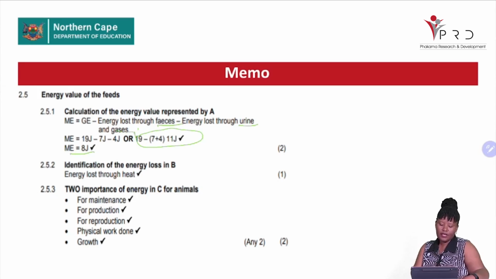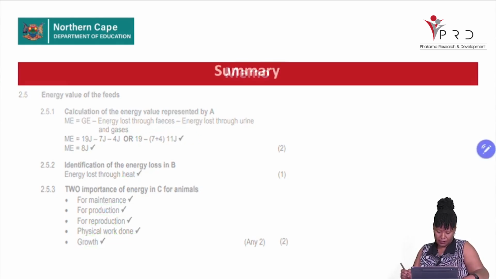You get your MJs, your joules, which is your metabolic energy, will be your 8 joules. The energy which is lost through heat. So this net energy is used for maintenance, for production, for reproduction, at the same time for growth, and also for physical work done. Those are the functions of net energy that is available to animals.